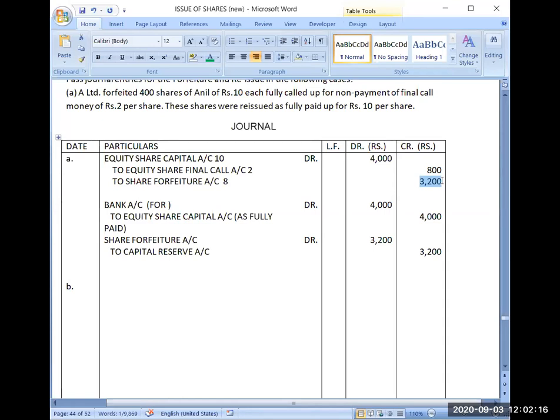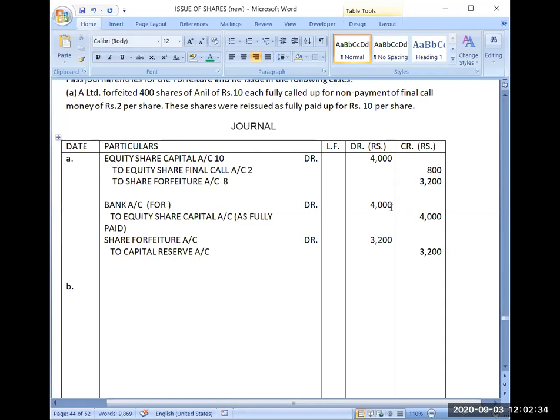So now if suppose I apply this rule in this same question here, and if I give the maximum discount, what will be the bank account amount? If I am giving the maximum discount of 3,200, yes, very good.